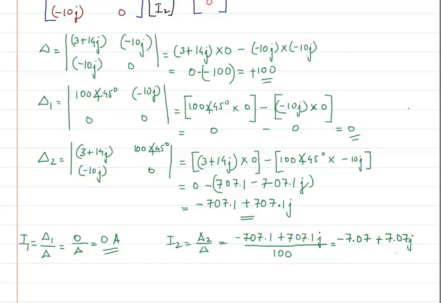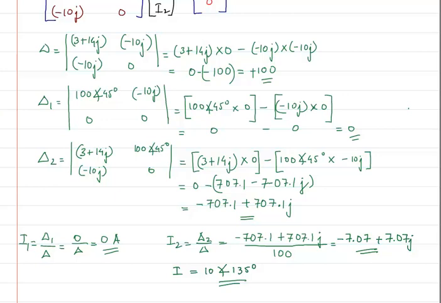Now always remember, I always ask the students to write the final answer in both rectangular as well as polar. For polar, you just do a rectangular to polar conversion, which will give me the answer as 10 angle 135 degrees. Why do I always ask my students to write the answer in both rectangular as well as polar?